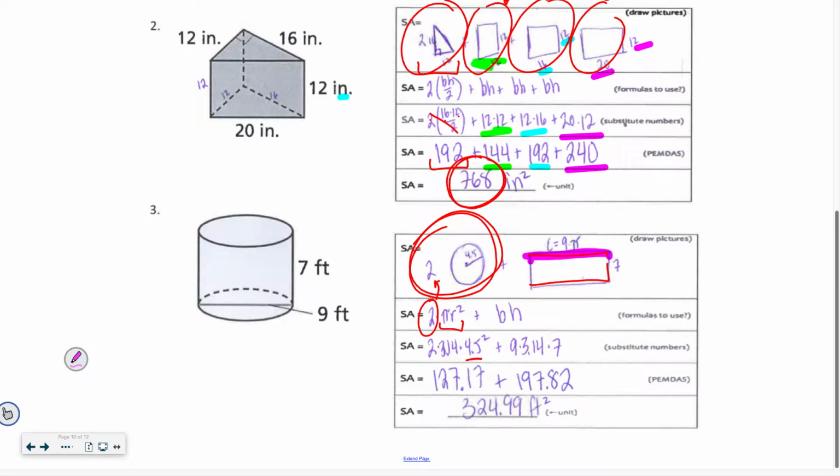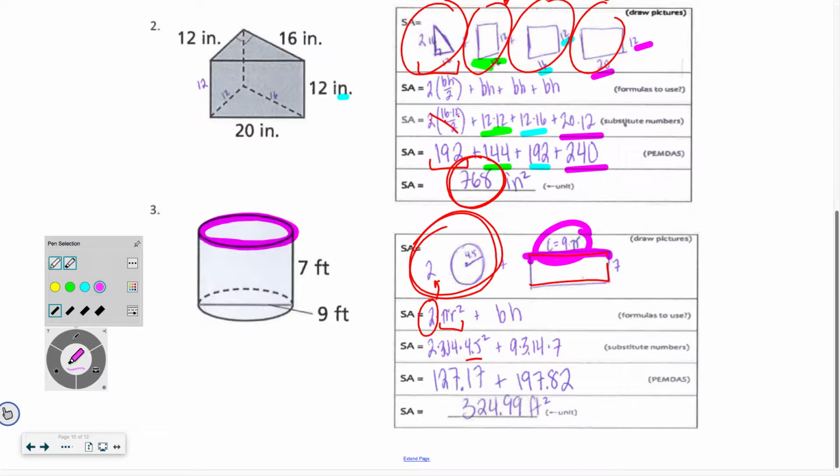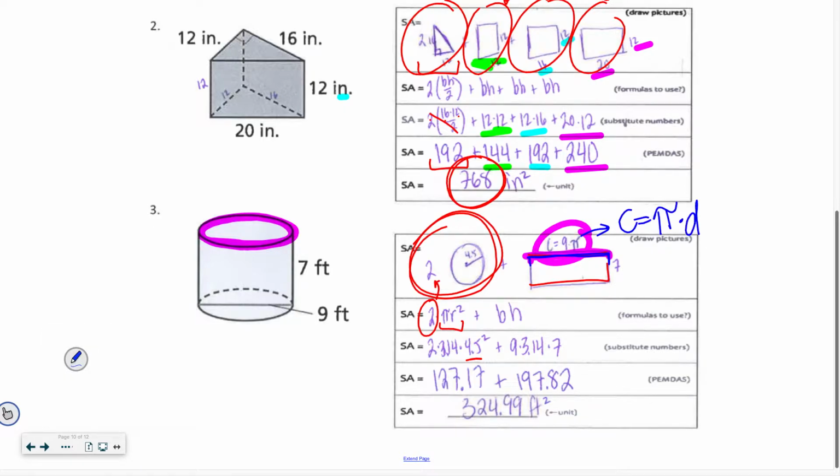The base of the rectangle is the same as the circumference of the circle because it wraps around, giving you that same exact length. That is the circumference of the circle. So you have to calculate that portion of your rectangle. It's 9 pi because circumference is pi times diameter.